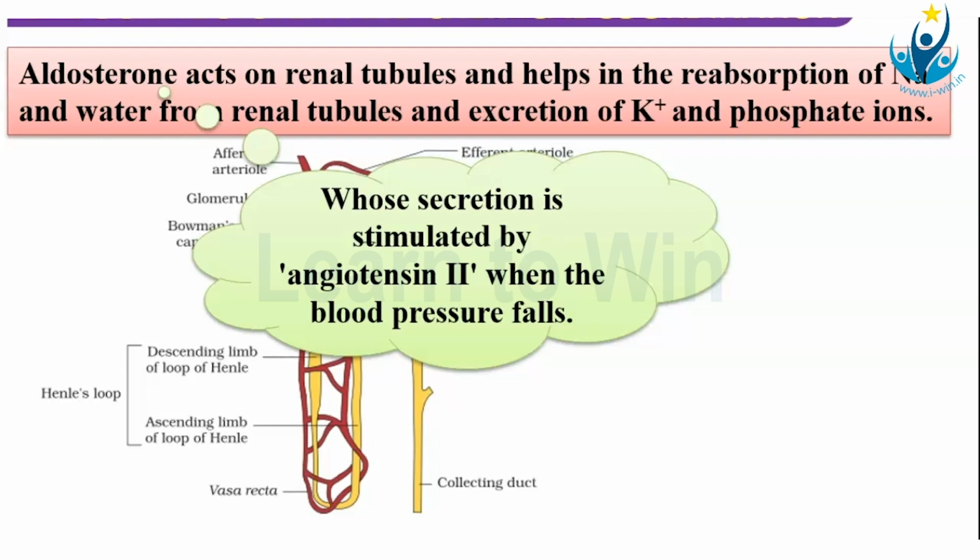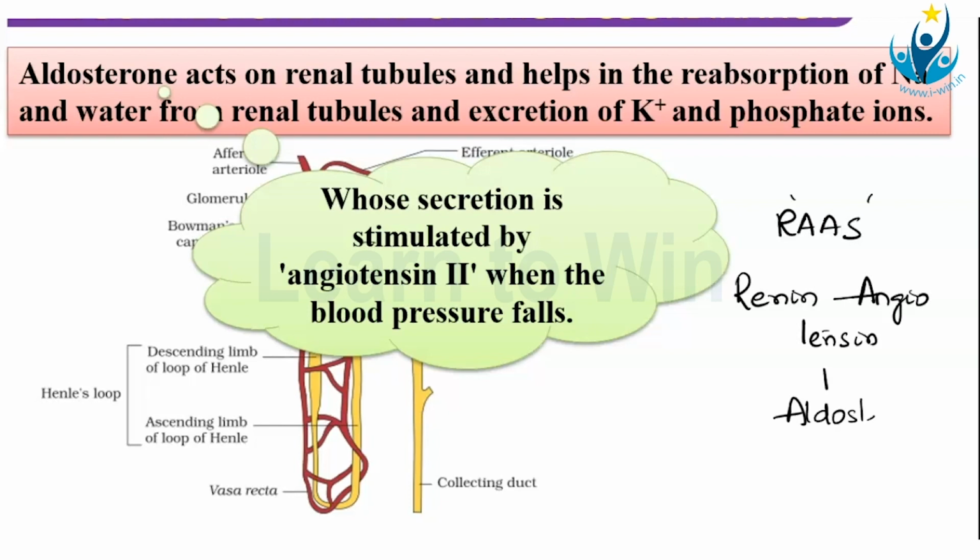Aldosterone belongs to an entire pathway called the RAS pathway, which we have discussed in the excretory system chapter. If you want, you can go there and refer to it. The RAS pathway is the renin-angiotensin-aldosterone pathway.